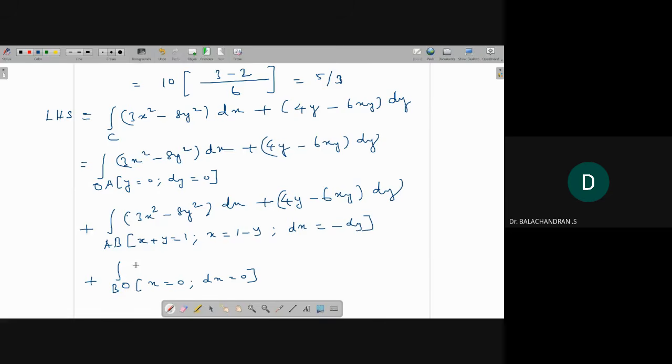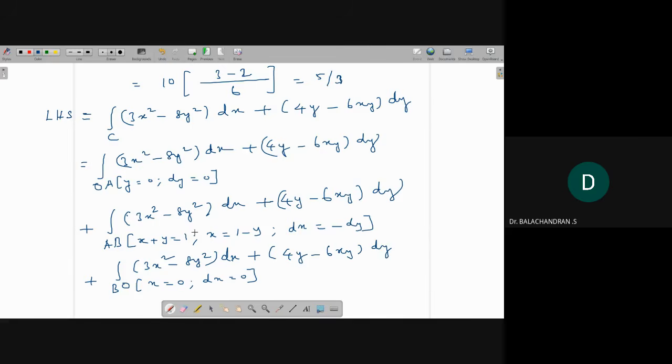Same integrand, 3x square minus 8y square into dx plus 4y minus 6xy into dy.